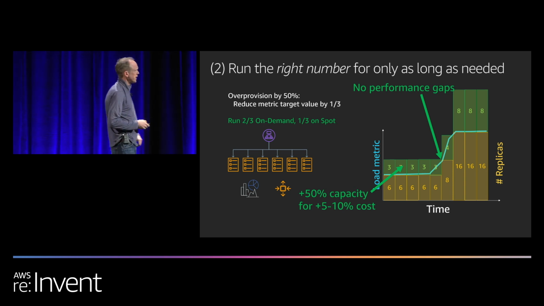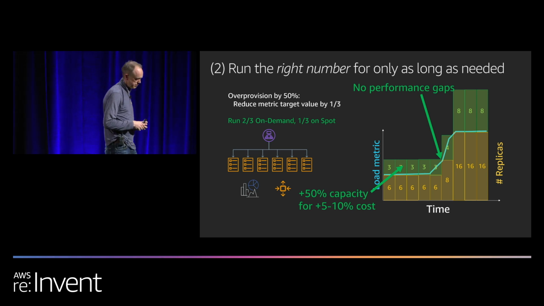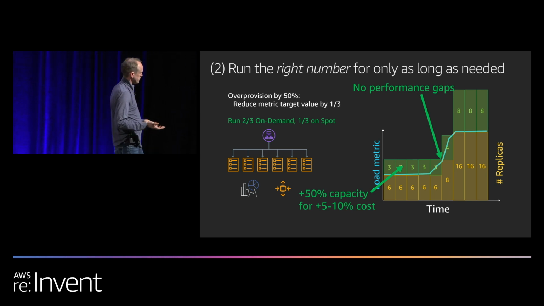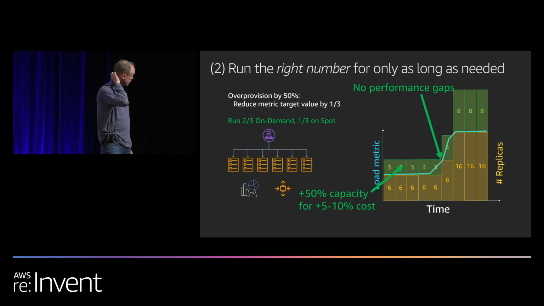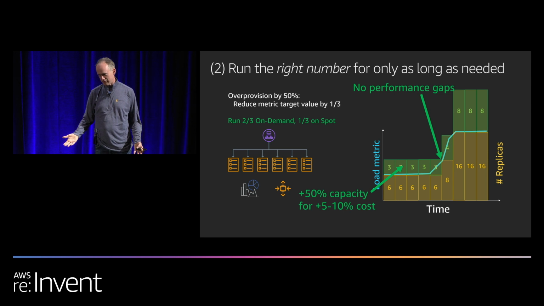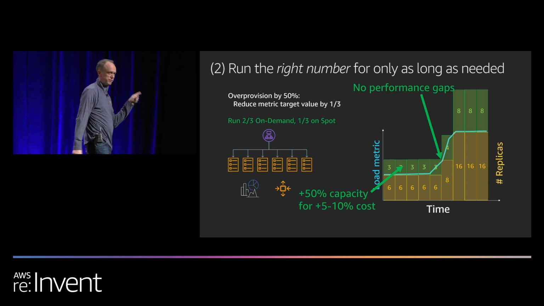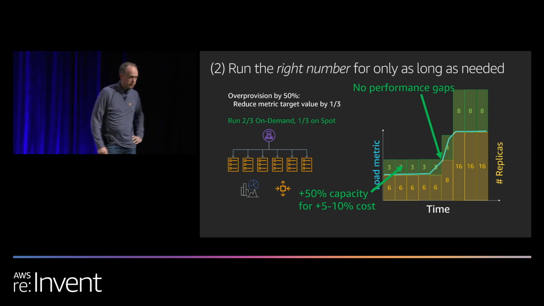So let's think about the cost implications here. Just suppose for the sake of argument that those tasks effectively cost, if we're running on Fargate, let's say that each task is $1 an hour. So I'm paying $6 an hour for the on-demand tasks.